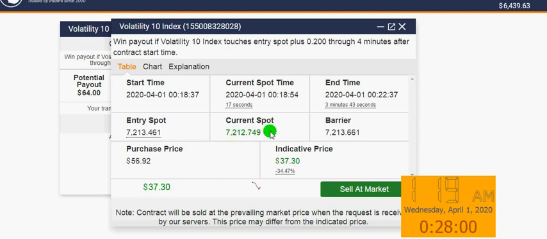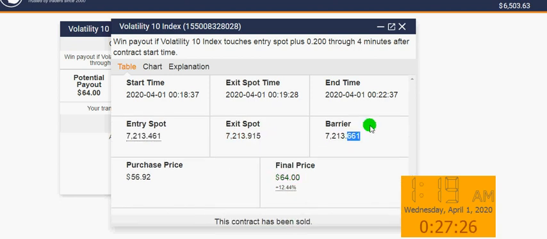We are in 212 right now, but don't worry, we are going back up. 213, we are close. 13661, we are close.